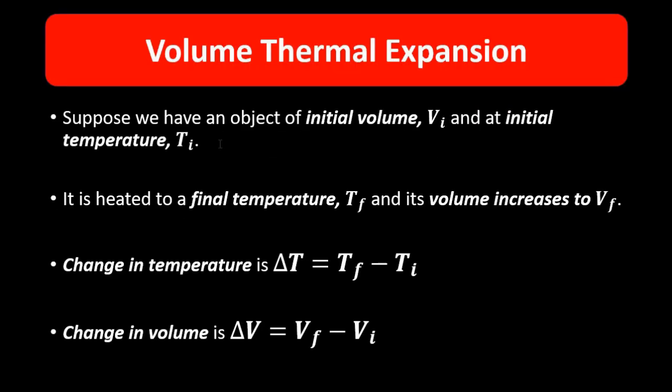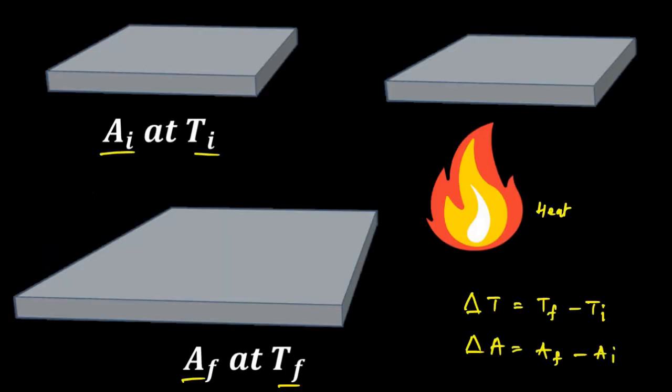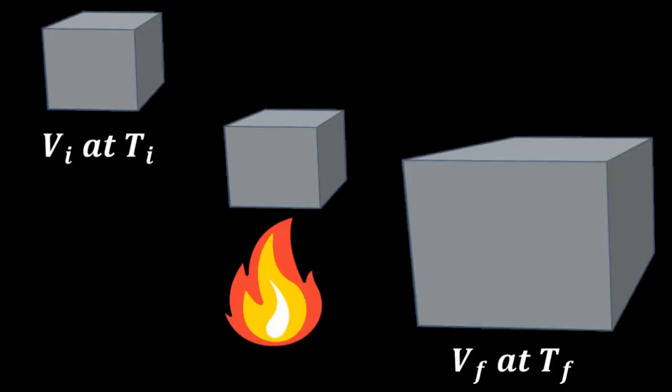Then we have the final expansion, which is volume expansion, in terms of 3 dimensions. Length is 1 dimension, surface area 2 dimensions, volume 3 dimensions. Let us say we have a material at an initial temperature Ti with an initial volume Vi.